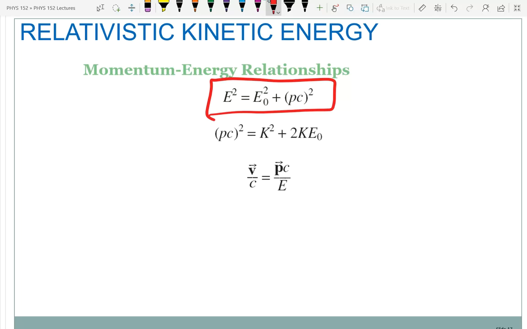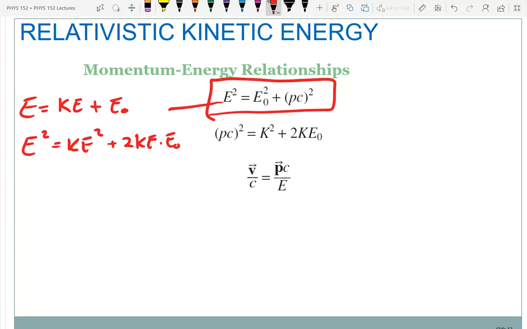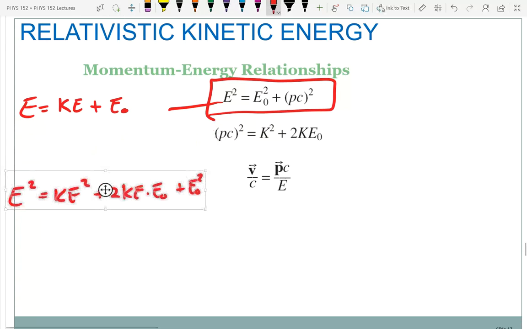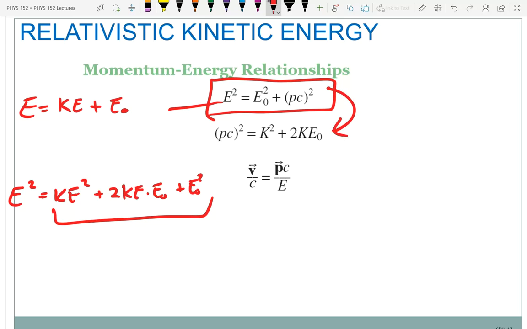So if you take E, we know that E is equal to kinetic energy plus the rest energy. So if you square it, E squared is equal to kinetic energy squared plus 2 kinetic energy times E0 plus E0 squared. Got to move that so it doesn't run into my equation. And so if I replace the E squared in this equation with this long thing, that will simplify this equation to this, where this K is kinetic energy.